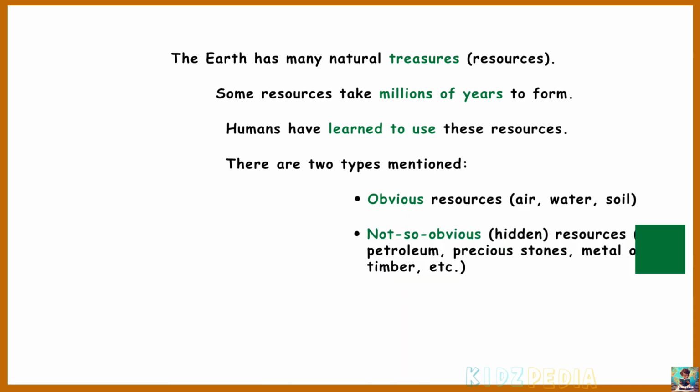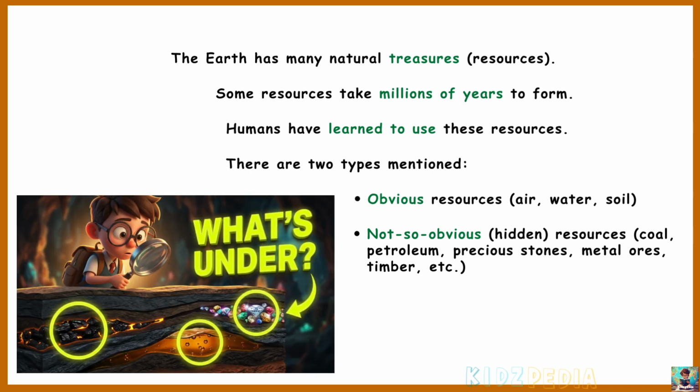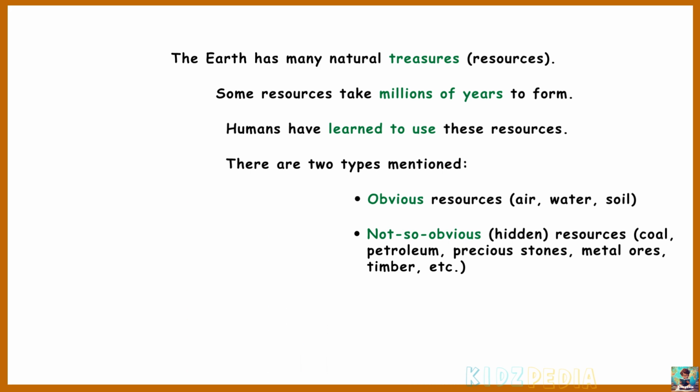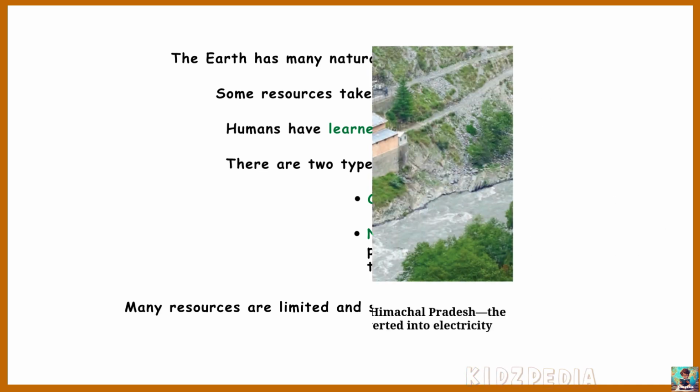Second one is not so obvious resources, that is hidden or underground, like coal, petroleum, precious stones, metal ores, timber, etc. All these are valuable gifts from earth and many of them are limited because they take a very long time to form. So remember, earth's resources are valuable treasures and many of which take millions of years to form, so we must use them wisely.